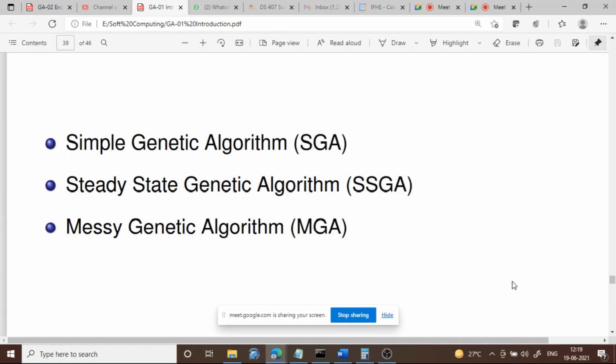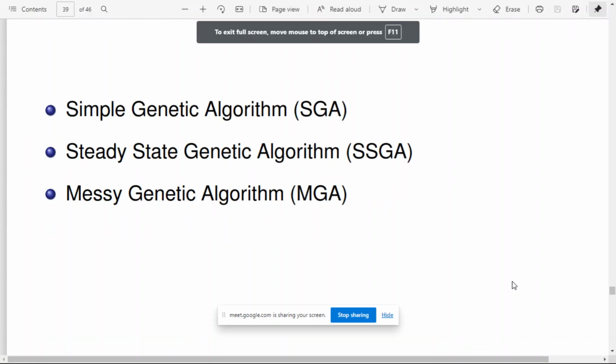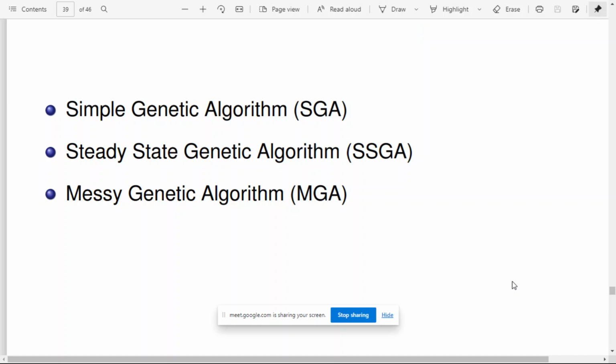And there are three types of genetic algorithms available: simple genetic algorithm, steady state genetic algorithm, and messy genetic algorithm.